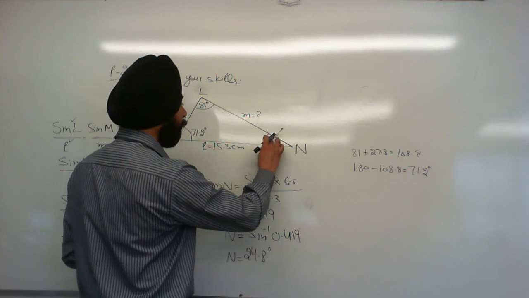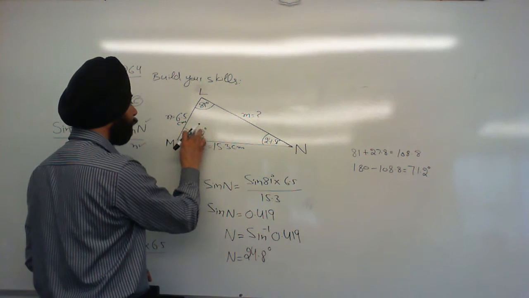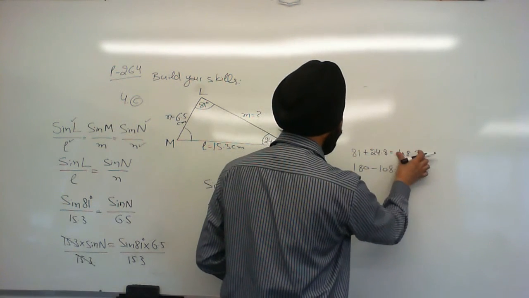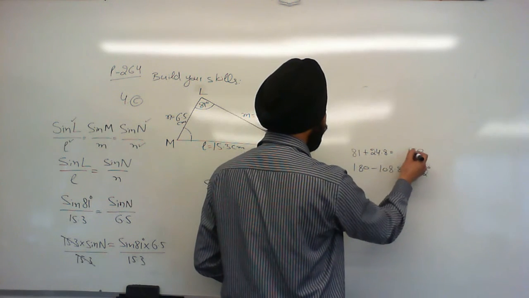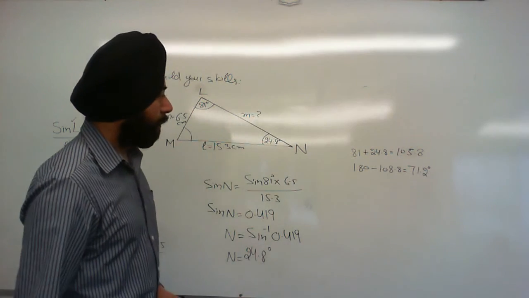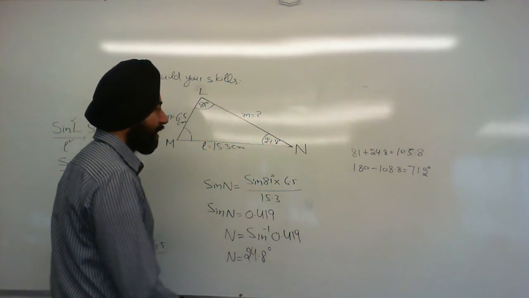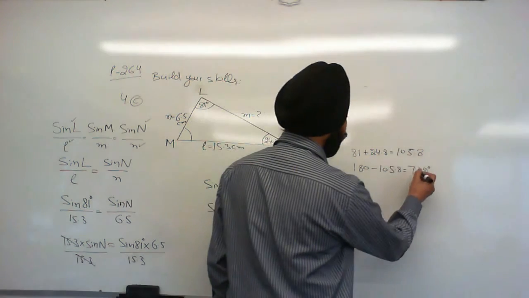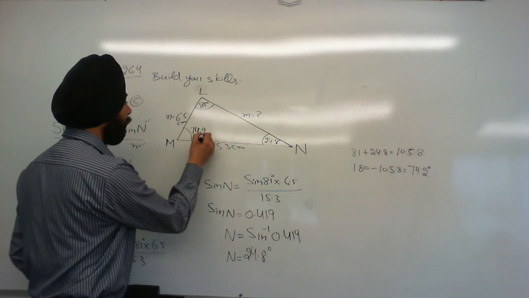So if this is 24.8, then this angle will also be different, and this sum will also be different. This will be 105.8. And your previous sum was also wrong. When you subtract this, 74.2. So this angle came out to be 74.2 degrees.